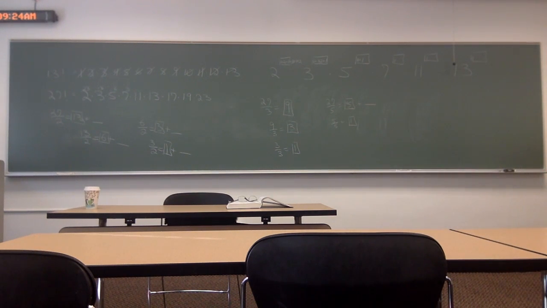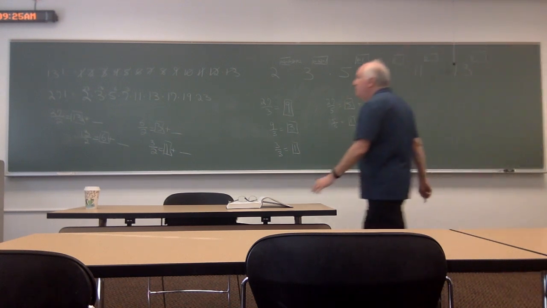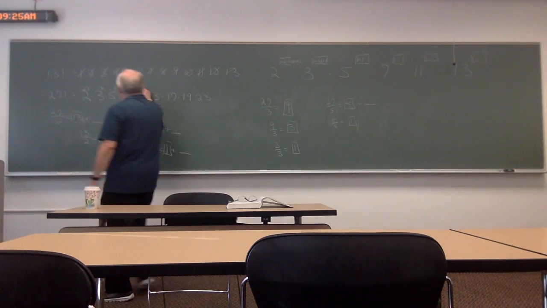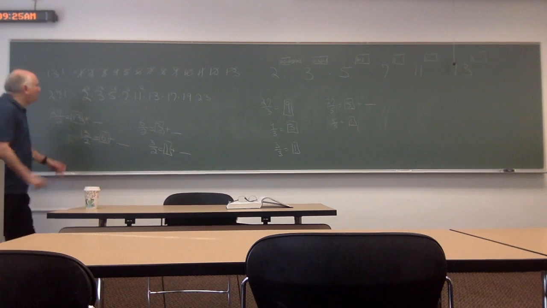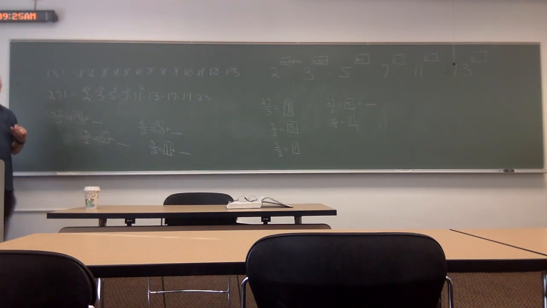What about 11? How many of the numbers from 1 to 27 are multiples of 11? So 27 divided by 11 is 2 plus something. We just care about the 2, and then you're done. So this would be 2. How many of the numbers from 1 to 27 are multiples of 13? 27 divided by 13 is 2 plus something, so it's just 2, and then you're done.